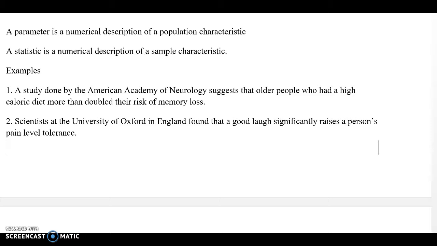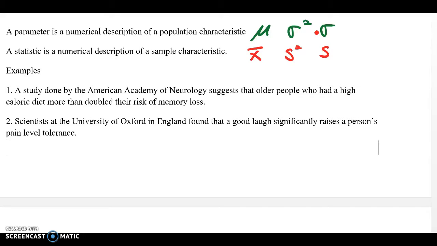In the parameter case, we use mu as the mean, sigma squared as the variance, and sigma as the standard deviation. In the statistic case, we use x bar as the mean, s squared as the variance, and s as the standard deviation.